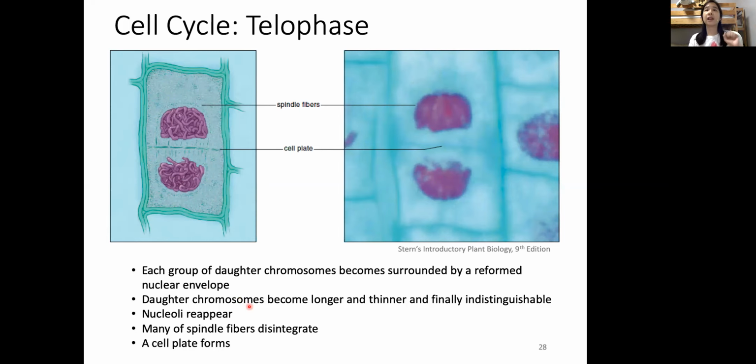We call that daughter chromosome, and it will become longer, thinner, and finally indistinguishable. They are tangling around each other. Nucleolus reappears, and the mitotic spindle disintegrates, and the cell plate right here is formed again.